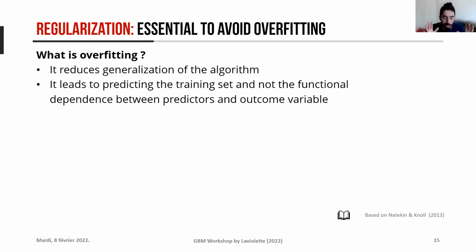It means that your model is going to predict your training set so well that it's almost perfect. But if you apply the same model to your test set, which means a number of observations that you've left out that you haven't used in your training, then you might end up having something not so good after all, because the algorithm that you've produced has adapted very specifically to the training set that you have, but not to other observations that were different from what you found in the training set. Does that make sense?